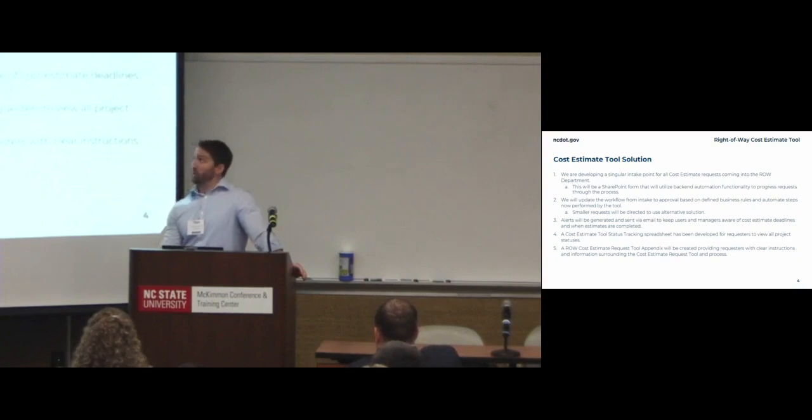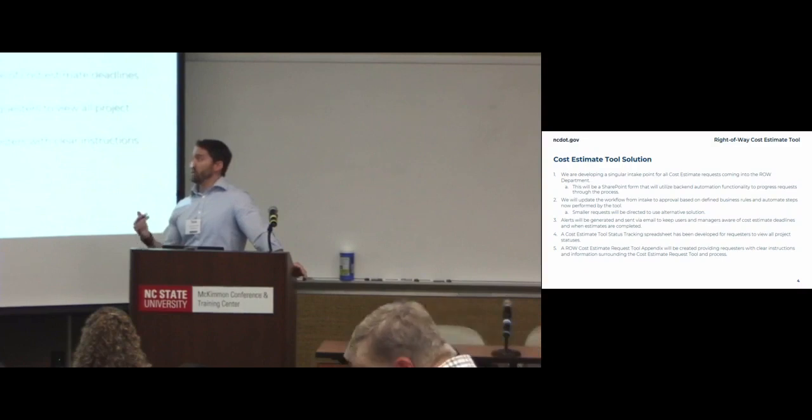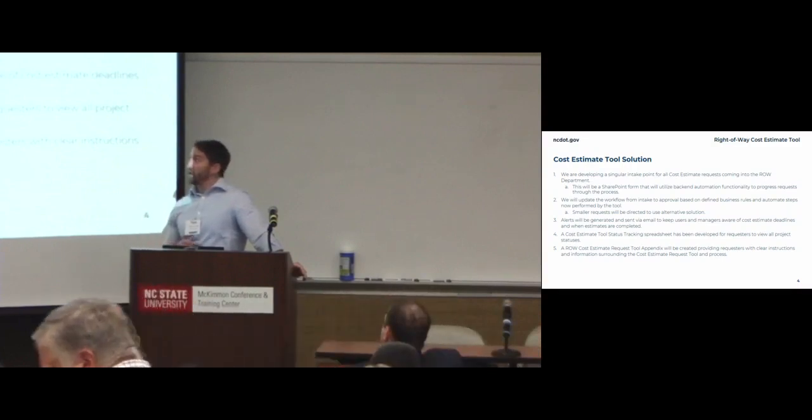So what we're going to do there is make sure that as items come in, there are business processes in place to automate the request going from step to step, and then integrating that next bullet point, where we have alerts that are going to be generated. It's going to automate alerts that get emailed out to the next individual responsible for the next step in the process.